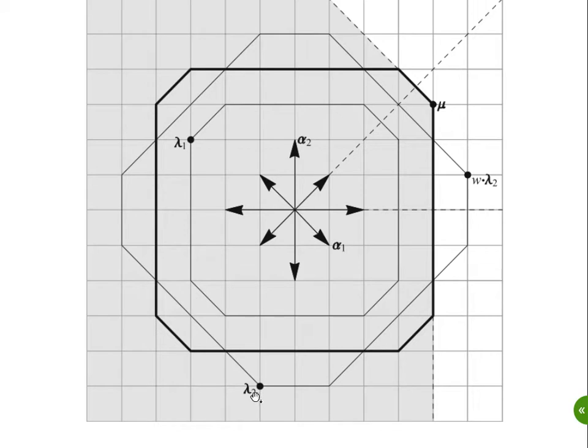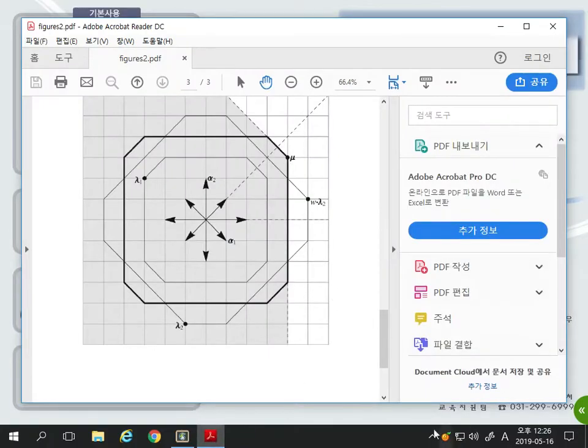So lambda 2 is not lower than mu. That's what the theorem is saying. All right, the proof is a little long, so I will skip it. Instead, we will move on to the next section.